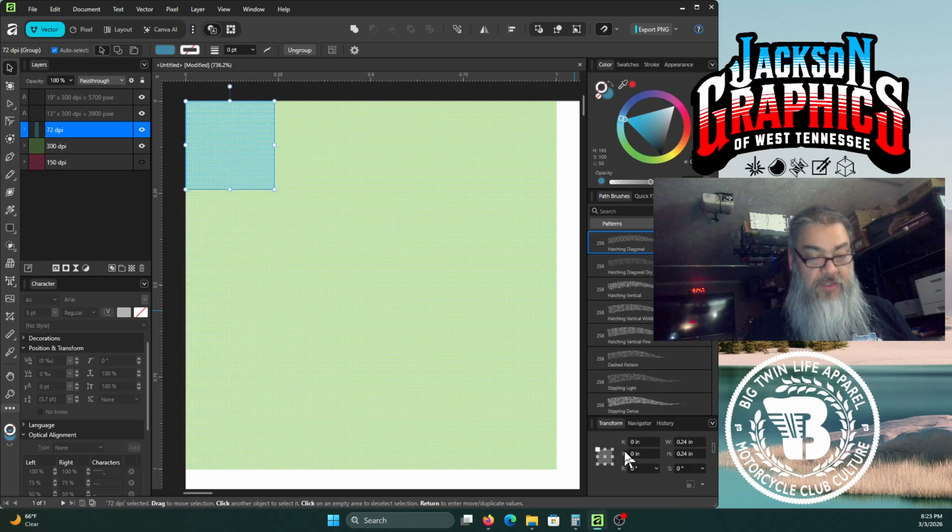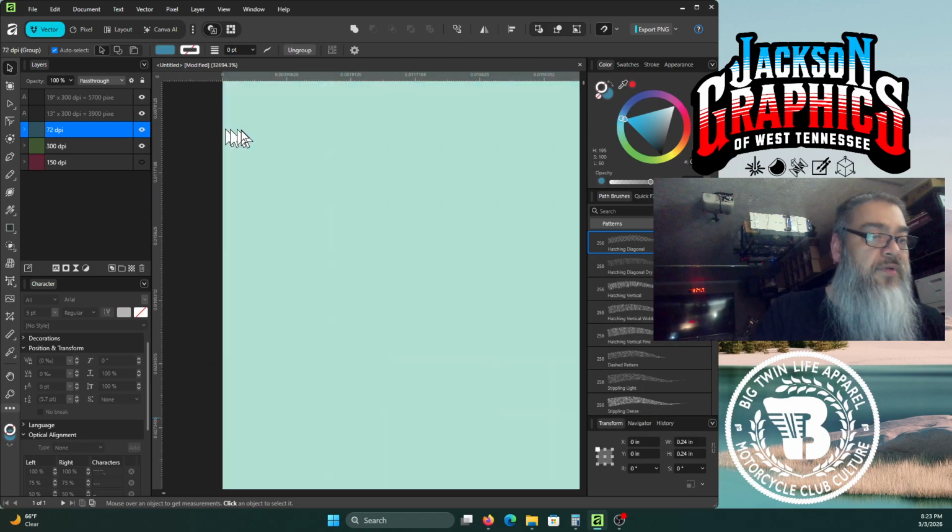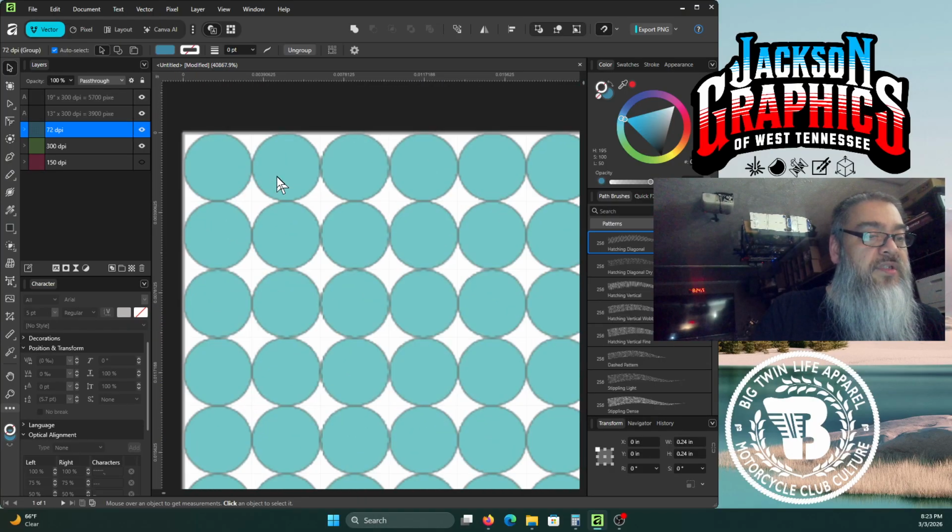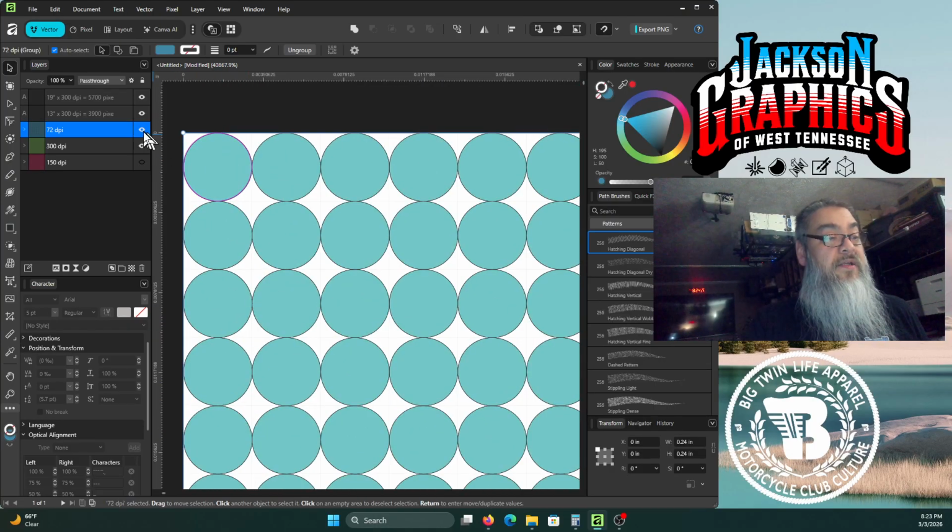72 pixels. Okay, because I had 300 DPI, but I brought in a 72 DPI image, which means I have to scale this image down to match the same dot pitch. So now when I zoom in, those dots are the same size as my 300 DPI images.